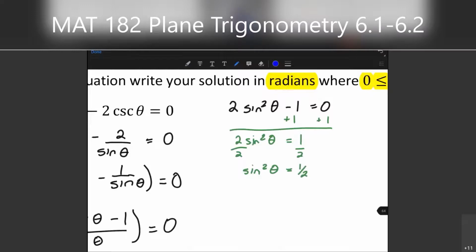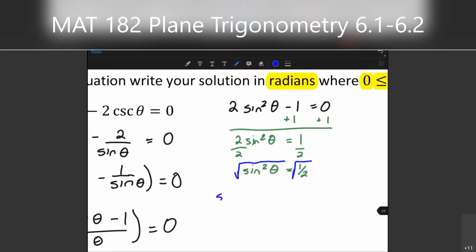How can I, in other words, get rid of the squared power there? Square root. Yep, we could just take a square root of both sides to get the sine.